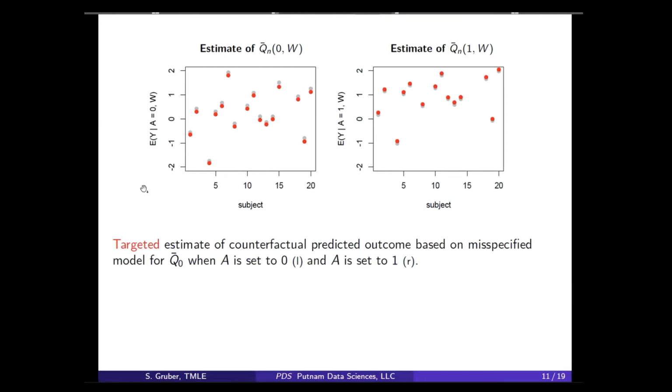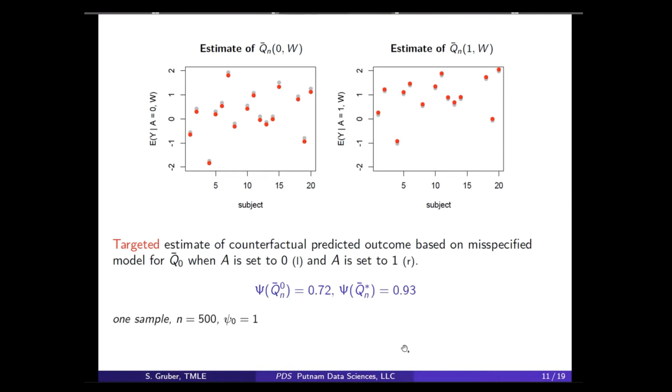On the left-hand side, the new predicted values are all just a little less than they were based on the initial regression. And on the right-hand side, the predicted values when people are treated are all a little higher than they were based on the initial regression. So everybody was nudged a little bit in opposite directions, whether they were treated or comparator. So that's what targeting does. It just nudges the predicted y-hats a little bit.